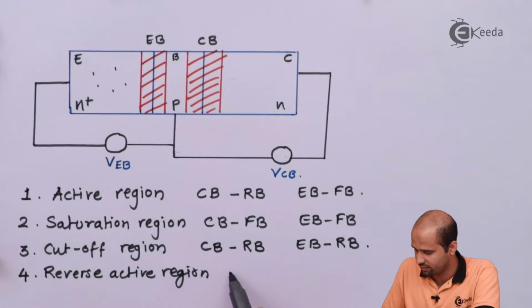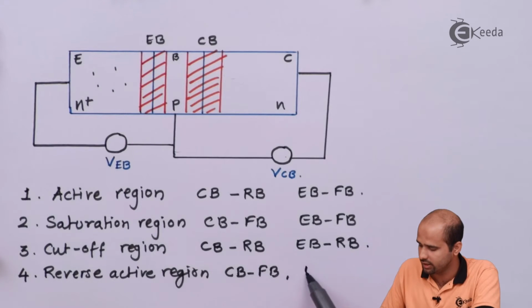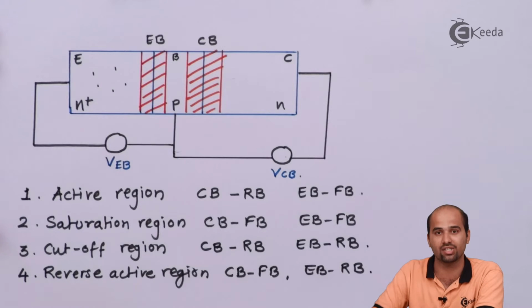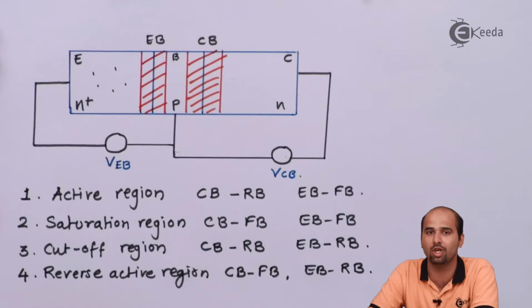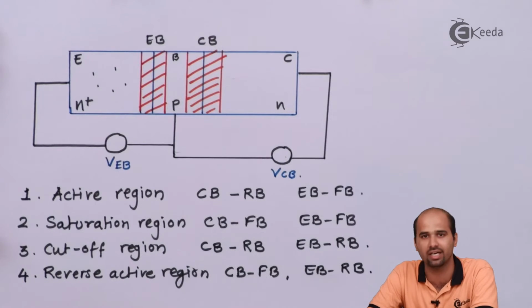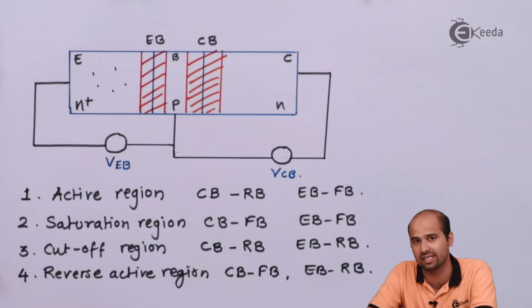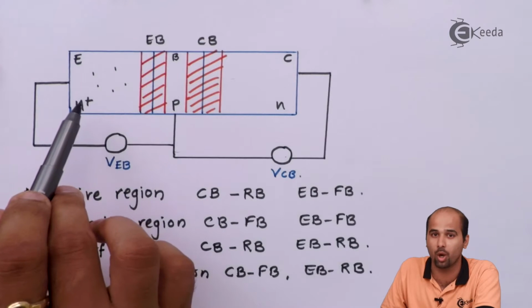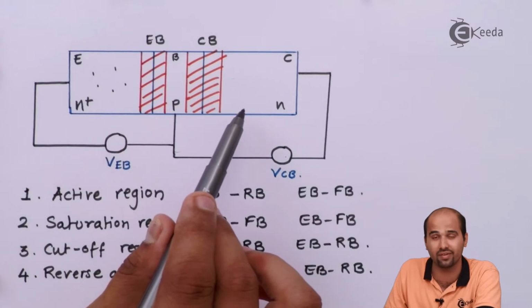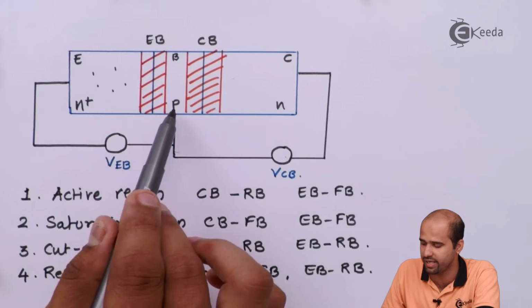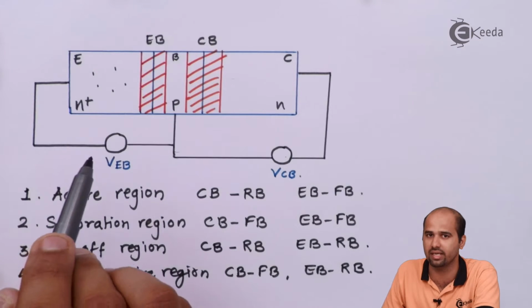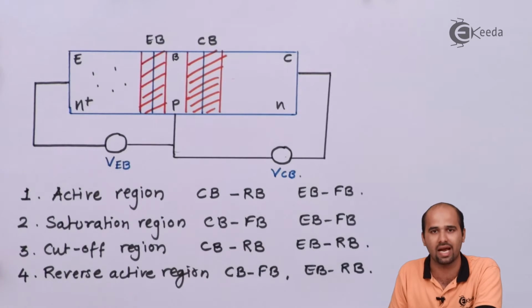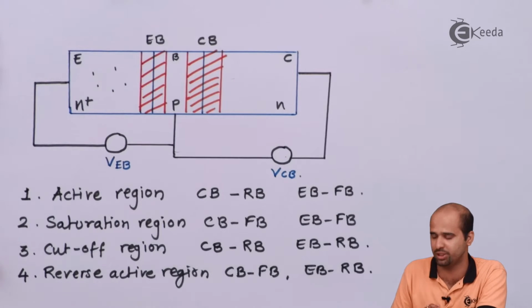In that case, the CB junction is forward biased and the EB junction is reverse biased. But the construction of the BJT does not allow conduction in this reverse active region. This is because the emitter has a moderate area, the collector has a very large area, and the base has a very small area and doping concentration, as mentioned in the construction of BJT.